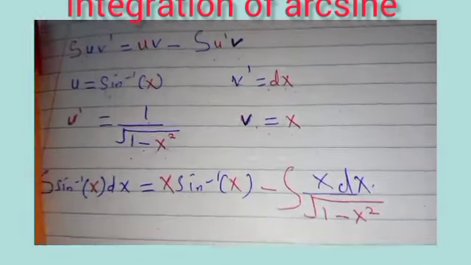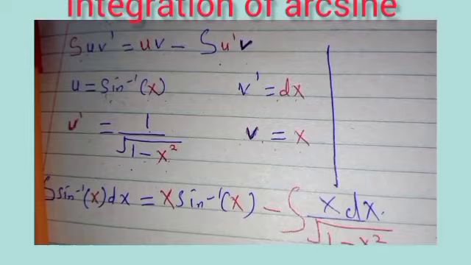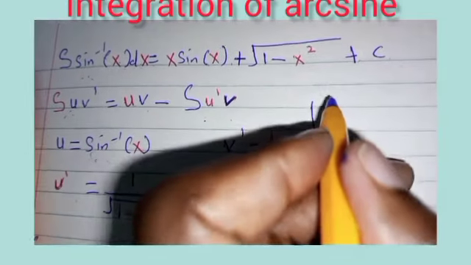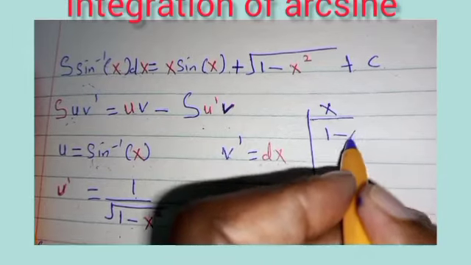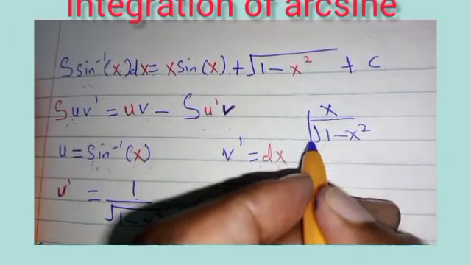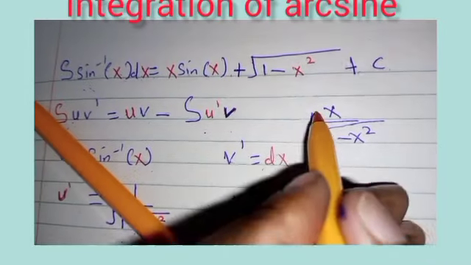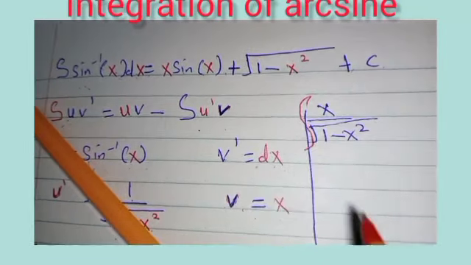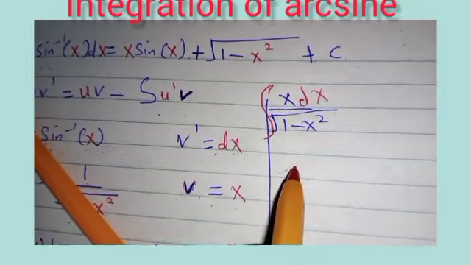So what we are going to do now in the next part is integrate this part here. So you have x divided by the square root of 1 minus x squared. We want to integrate this bit, and we are going to integrate it by what is called u substitution.